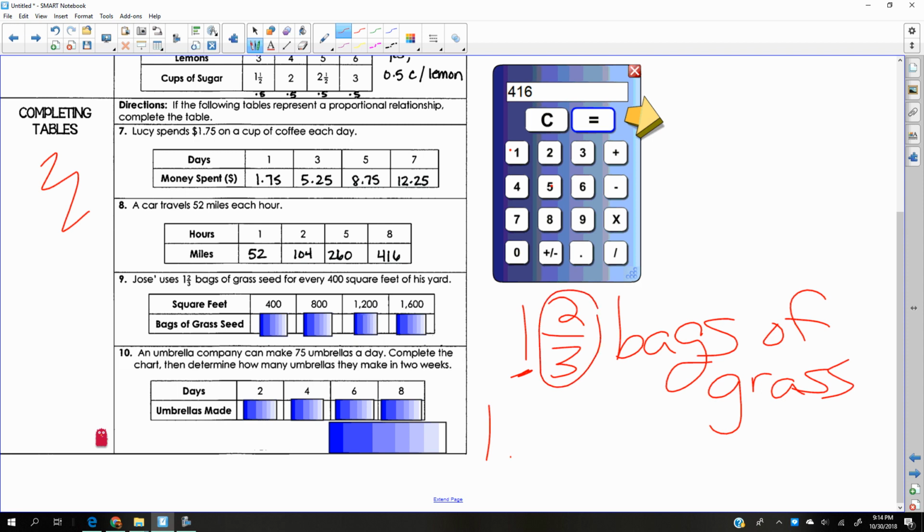So now we have to change 2/3 to a decimal. And that's easy. All you do is 2 divided by 3. 2 divided by 3 is 0.66666. But we're going to round it.